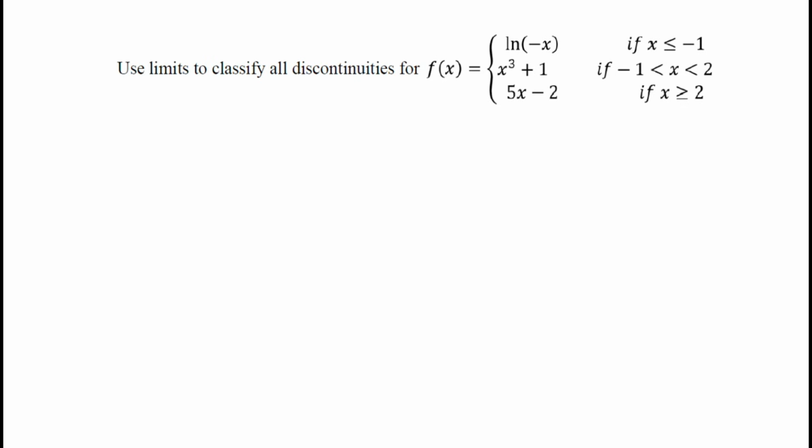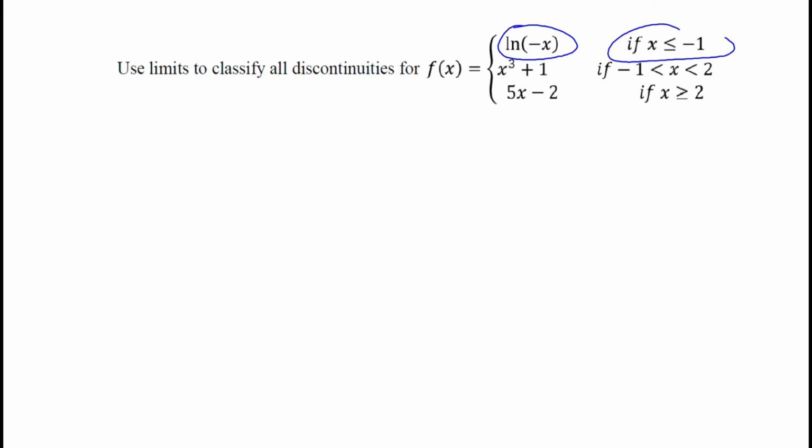All right, for our next one here, we look at each of the pieces, going from the bottom up because that's the easiest. 5x minus 2, that doesn't have any discontinuities, nor does x cubed plus 1, but the natural log of negative x does. We can only take the natural log of positive numbers, which means that I can take the natural log of negative x only when x is negative, right?